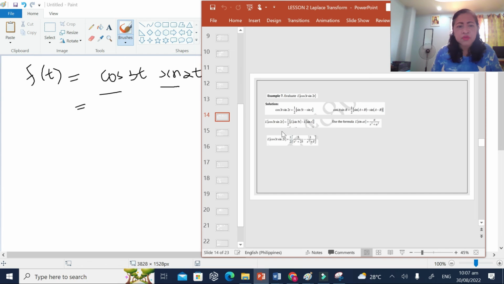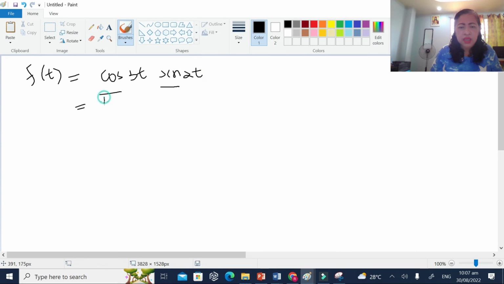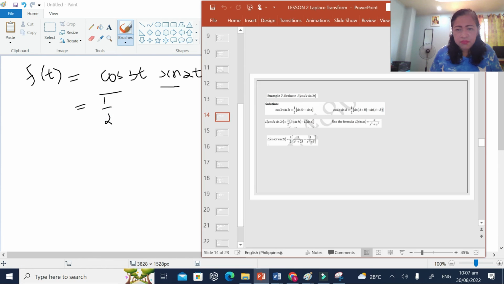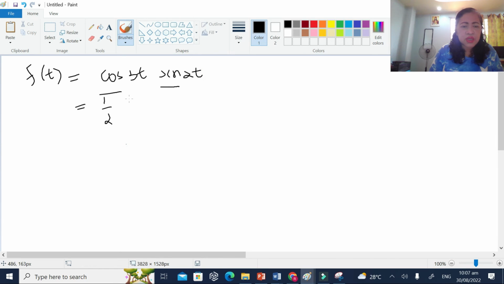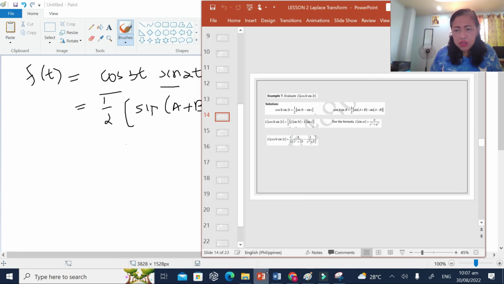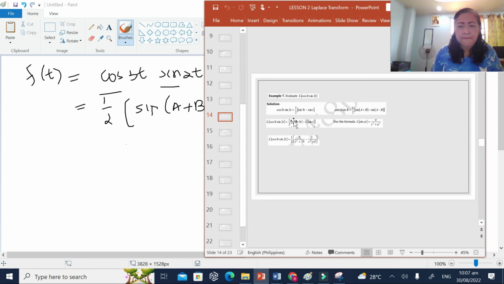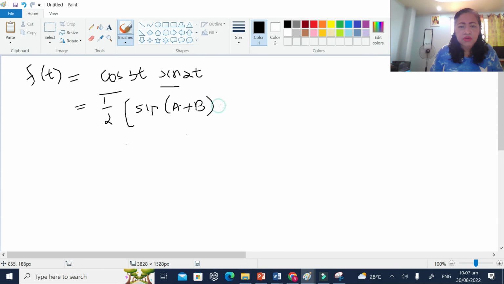So this can be 1/2 sine of a plus b minus 1/2 sine of a minus b.